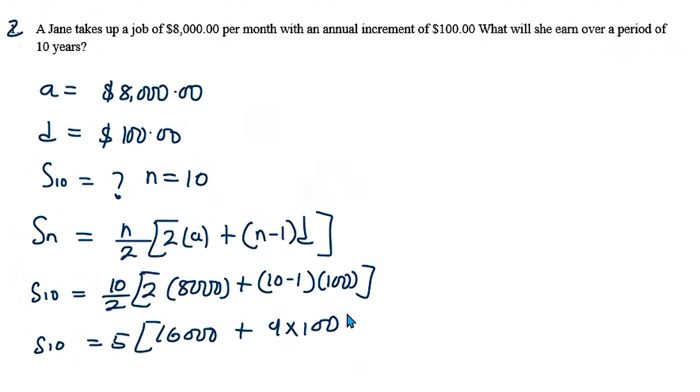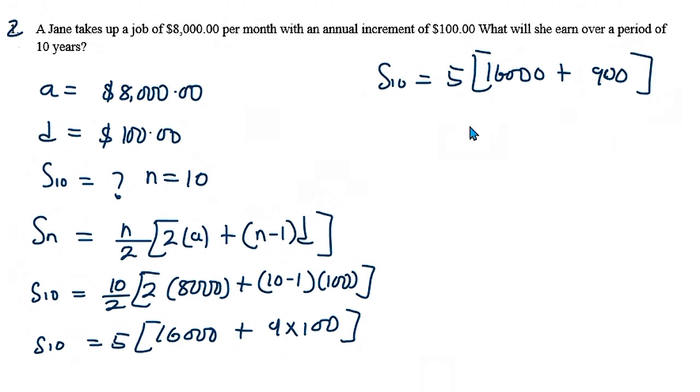Okay, so moving on, this is going to give us S10 equals 5 out there, 16,000 plus 900. No, sorry. 10 minus 1 is 9, and 9 times 100 will be 900. Okay, will give us 16,900.